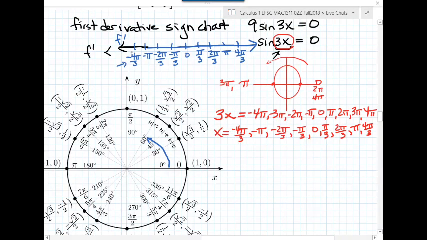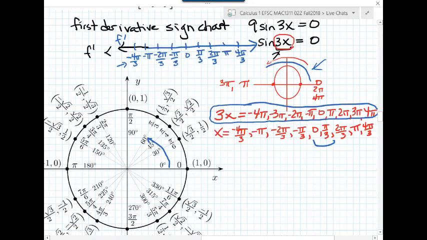Okay, let's talk about what we see. So let's do the positive side first, starting from 0 to pi over 3, for example. So from 0 to pi over 3, let's see, wait. We're plugging into sine of 3x. Just trying to think of the easiest way to explain this. Hold on one second.